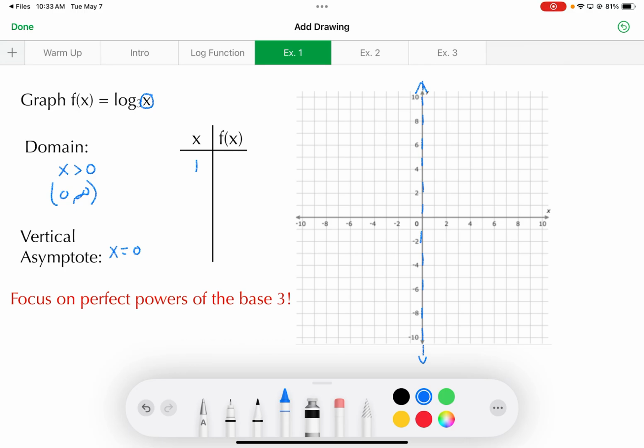If I plug a 1 in here, what is log base 3 of 1? 3 to what power is 1? 0. So that leads us to our first point at (1, 0).